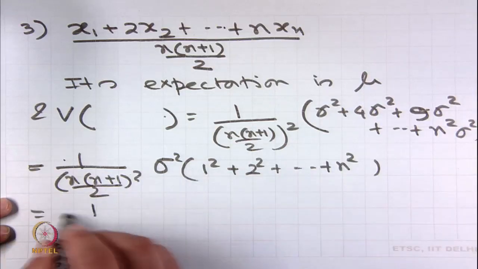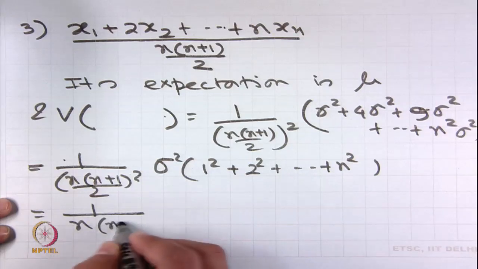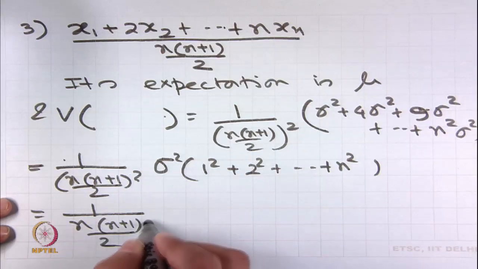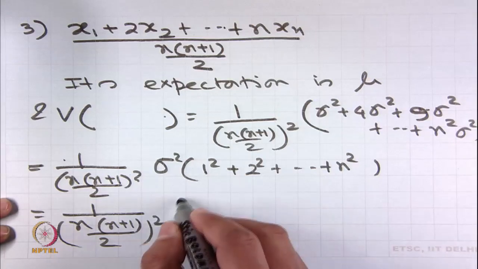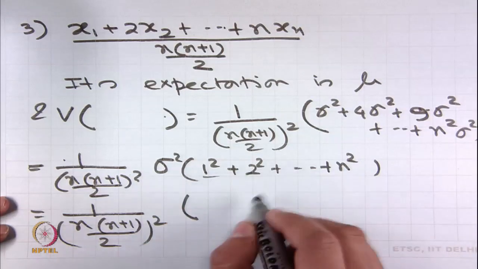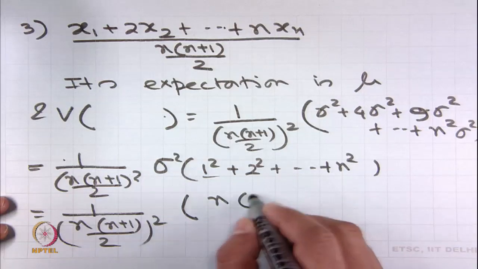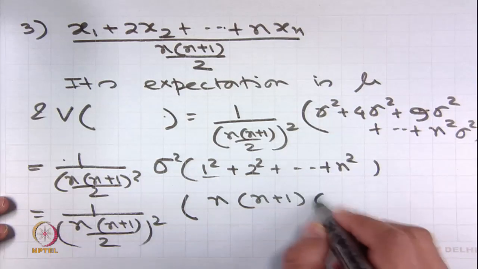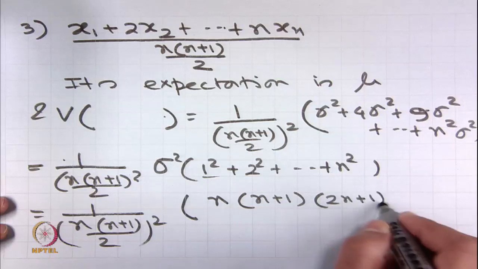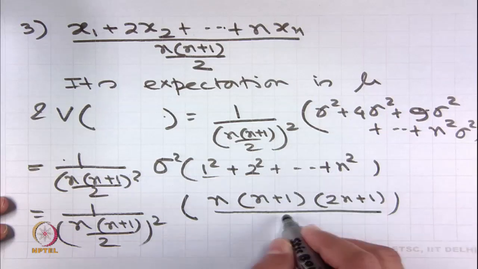The sum of squares of the first n natural numbers is n into n plus 1 into 2n plus 1 by 6.